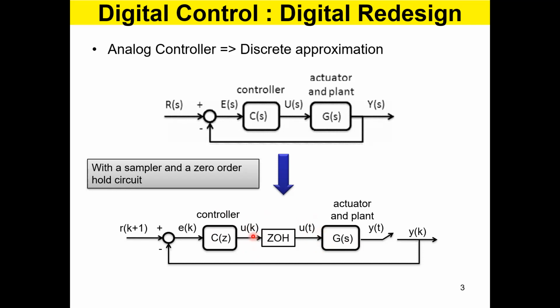So what is u(k)? u(k) is a sampled signal. u(t) is a continuous signal. So you want to make a discrete signal into a continuous signal, and the device you use for that is a holding circuit. So the simplest holding circuit is zero order hold. So when you bring that also into the plant, you have the analog actuator and plant, but a digital controller. Digital control.